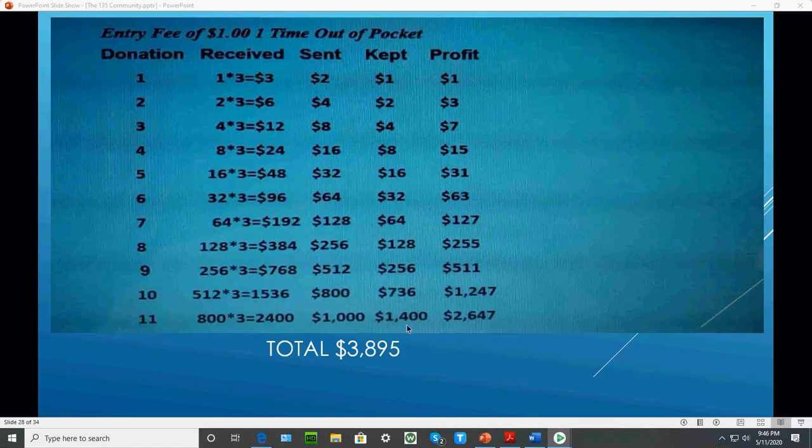You're going to keep $1,400 for yourself. That's $2,647 that you've accumulated in a $1 process. Nobody has given up more than $1 out of pocket one time. That's it. The power of compounding. That's taking you up to $3,895 to this point.